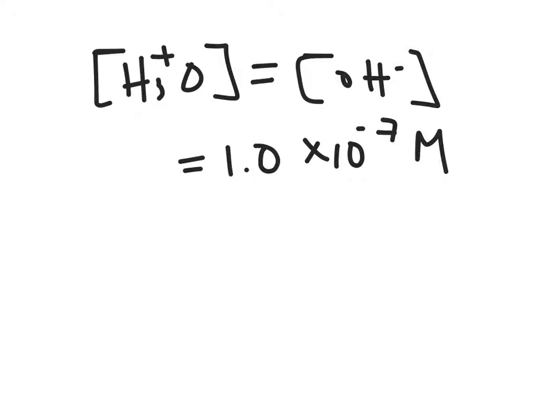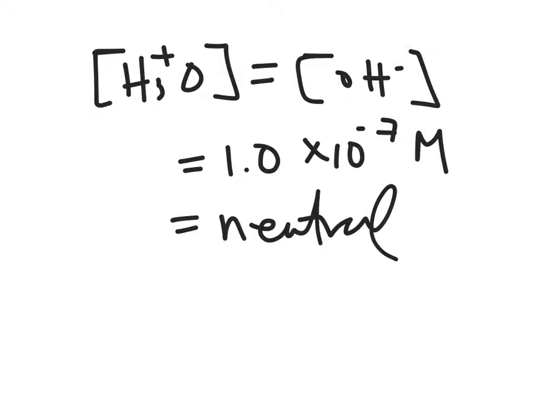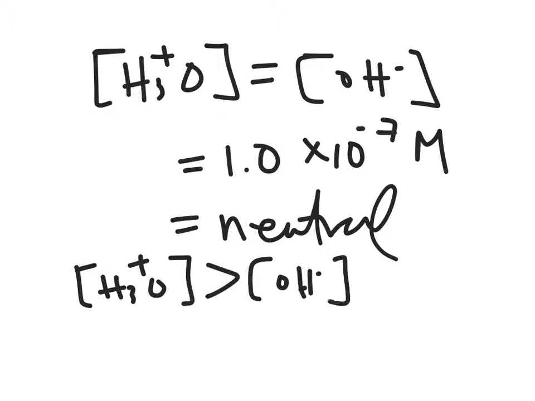And if you have equal amounts of hydronium and hydroxide, then we say that solution is neutral. Okay? If instead you have more hydronium ions floating around than you have hydroxide ions, then that would be an acidic solution.